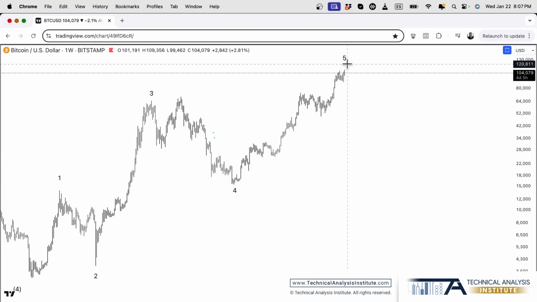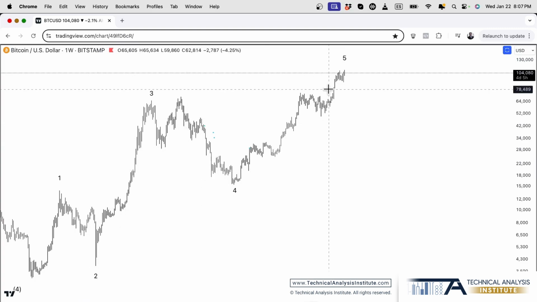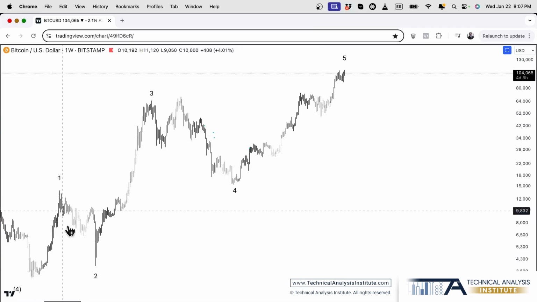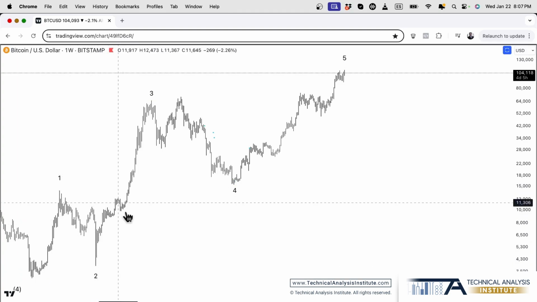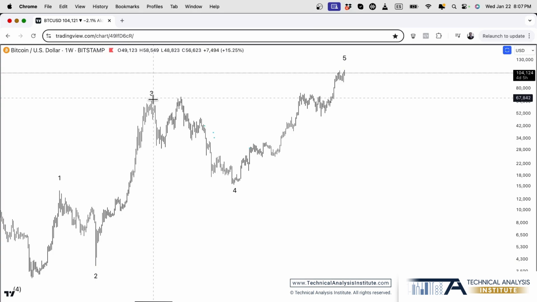So, what do you think should be expected after we have these 5-wave moves? By the way, notice that every time we have a 5-wave impulse to the upside, like in this case, we have a 3-wave decline to the downside. Same thing repeats here, 1, 2, 3, 4, and 5, and then we have an A, B, C to the downside. So what do you think will happen after these 5 waves?